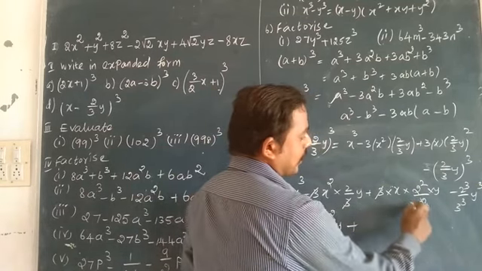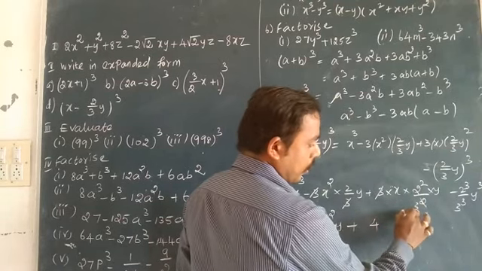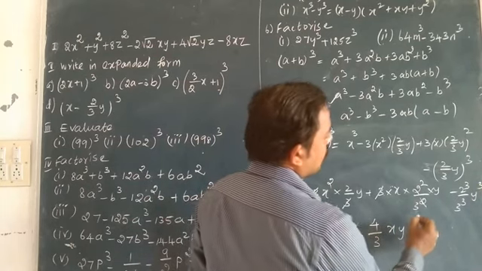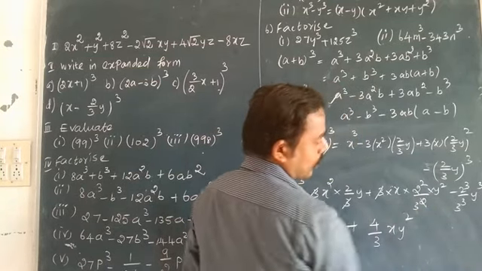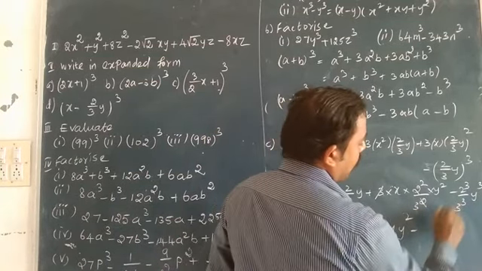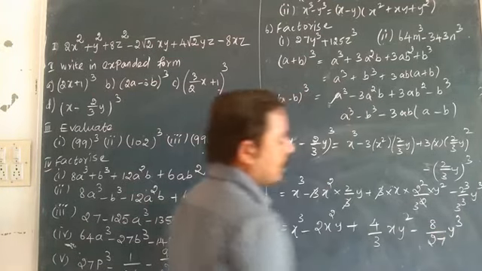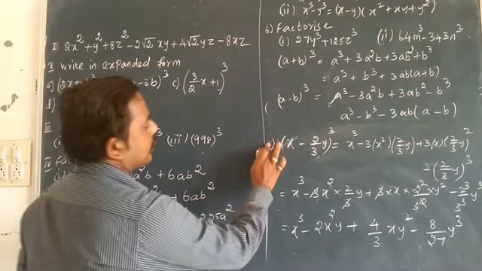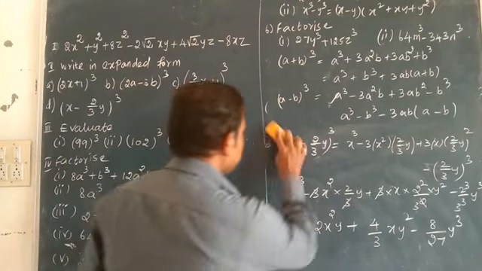So after cancelling, 2 squared is 4, here we have 4/3 x y^2, because of y the whole square, minus 2^3 is 8 divided by 3^3 is 27, y^3. This is the expanded form of this problem. Like that you can write.